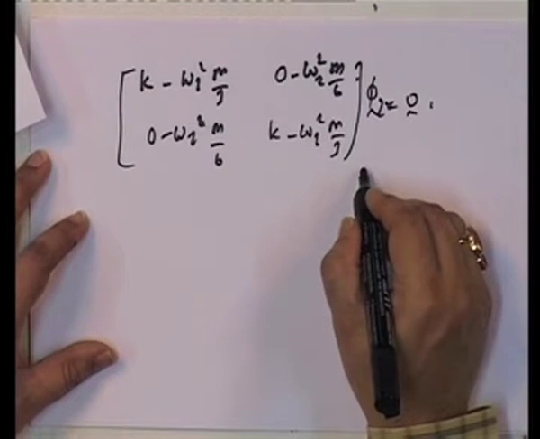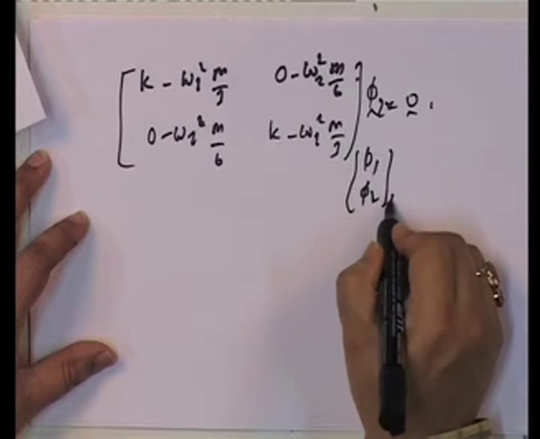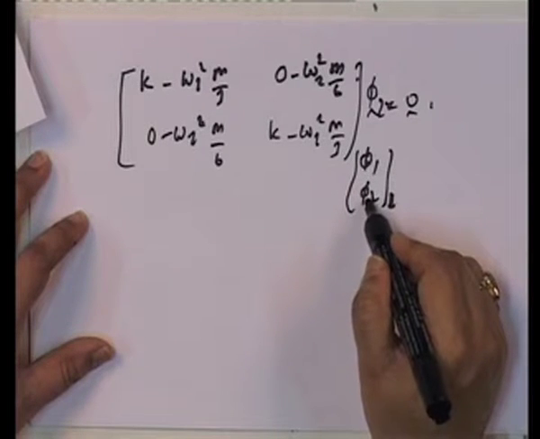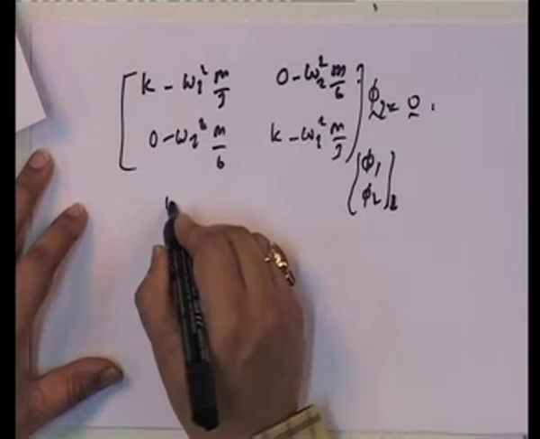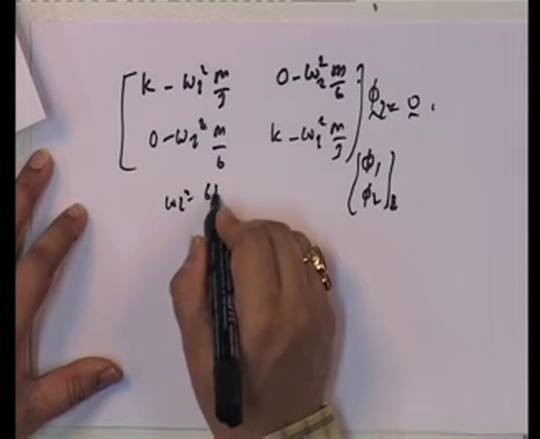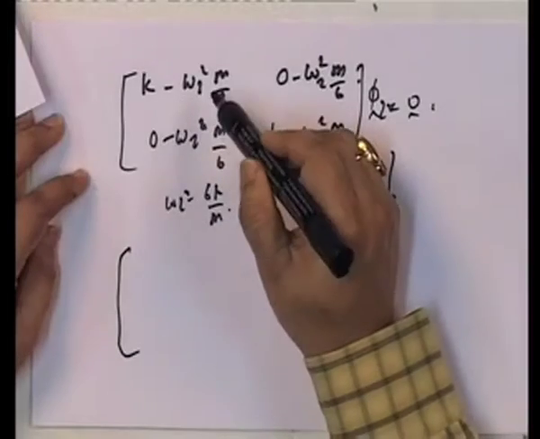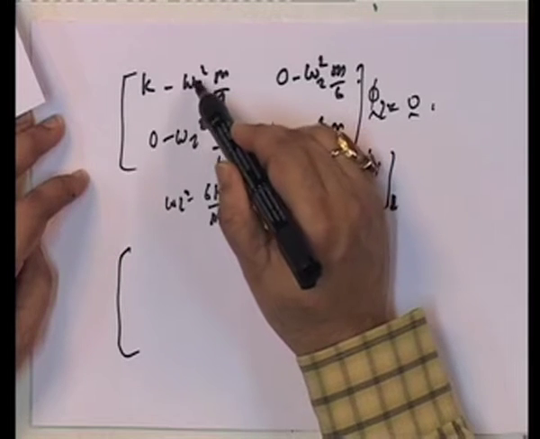Now, phi 2 is phi 1, phi 2 of second mode. This is corresponding to V1, this is corresponding to V2. Okay? And so, therefore, if we put in omega 2 squared is equal to 6k by m, let us see what we get. You plug in 6k by m.